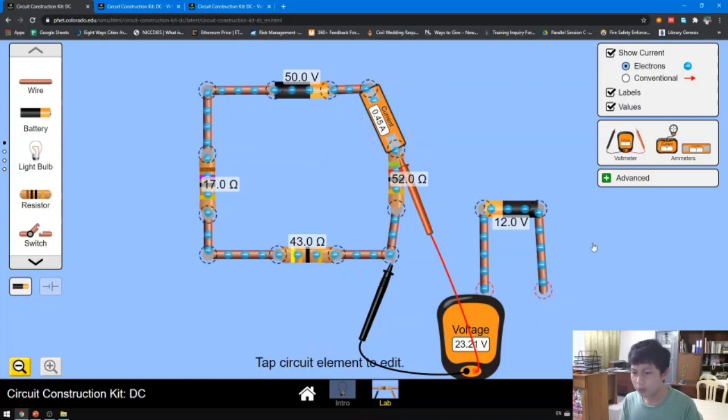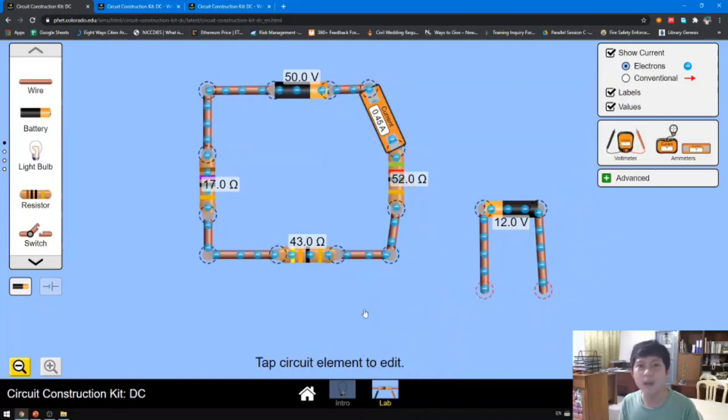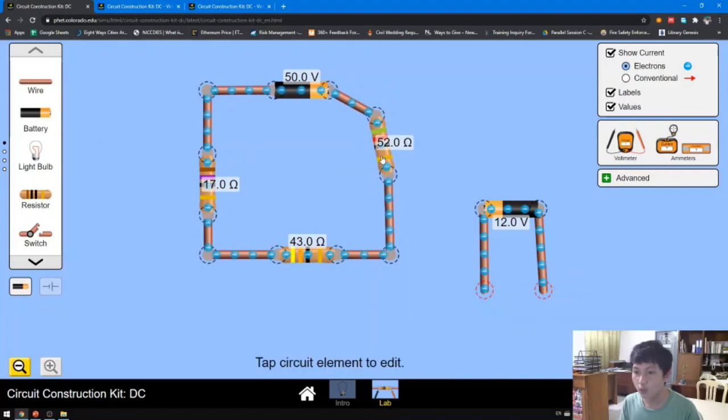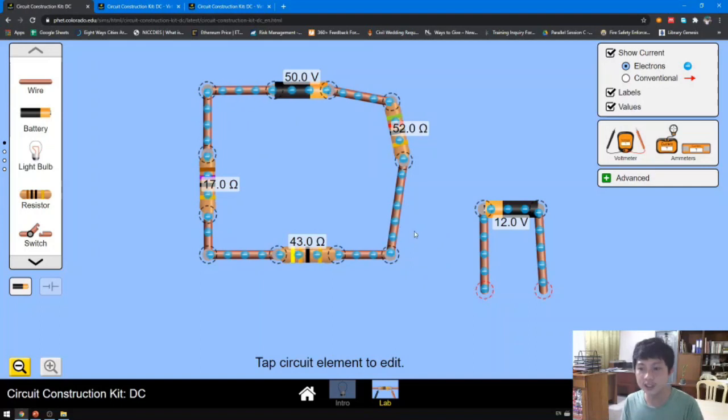Now what if we don't have an ammeter? Let's remove this one. The first thing that you're going to do is to make this circuit into one resistor. So that's 52, 43, and 17.